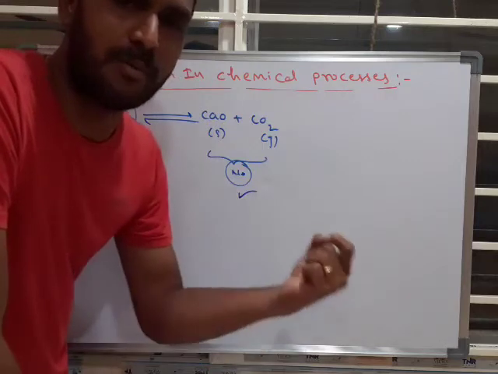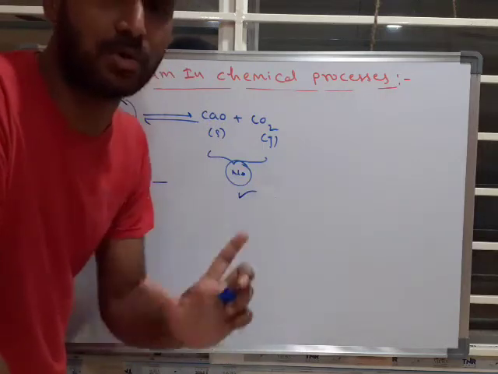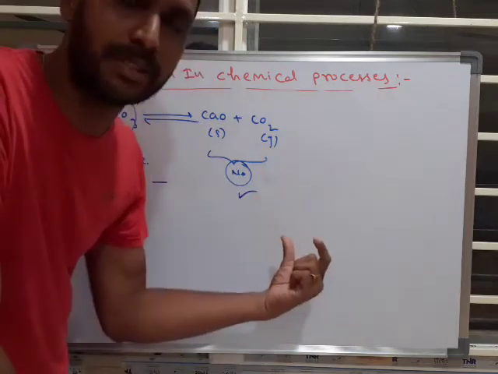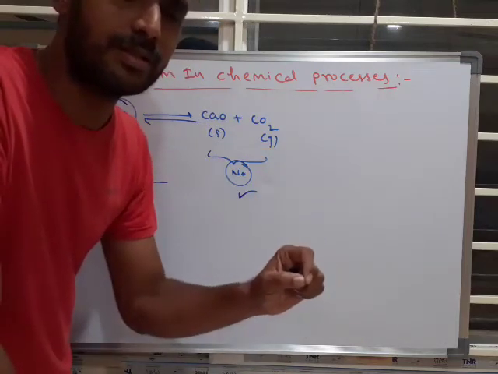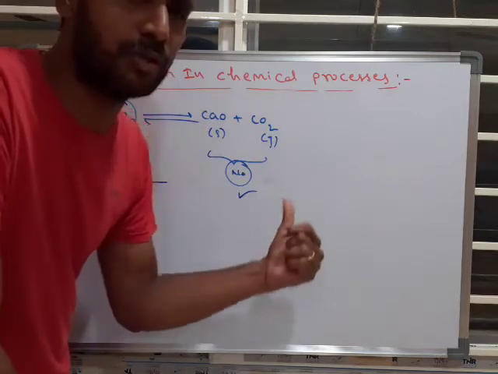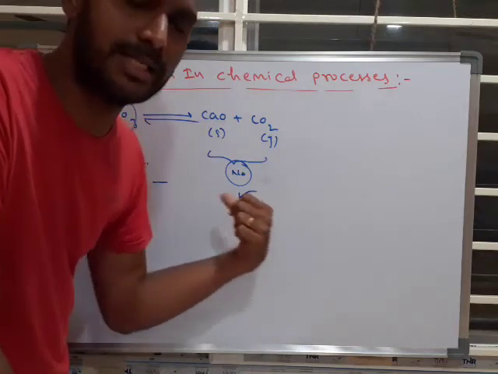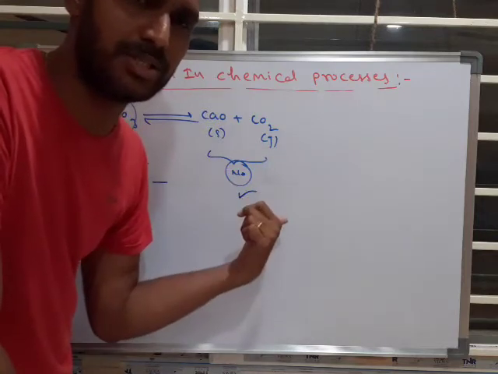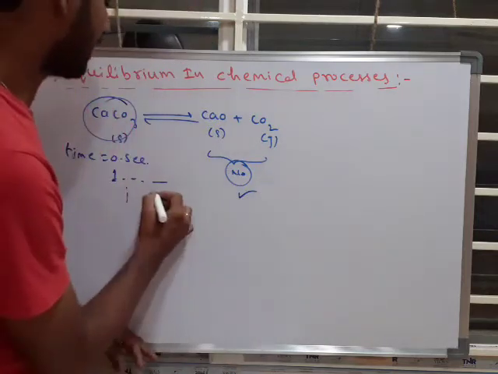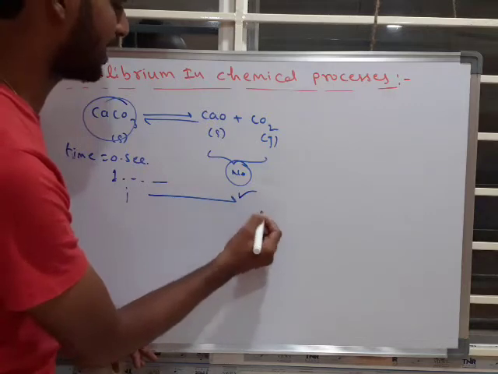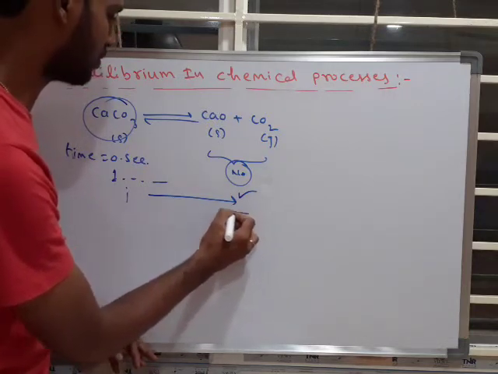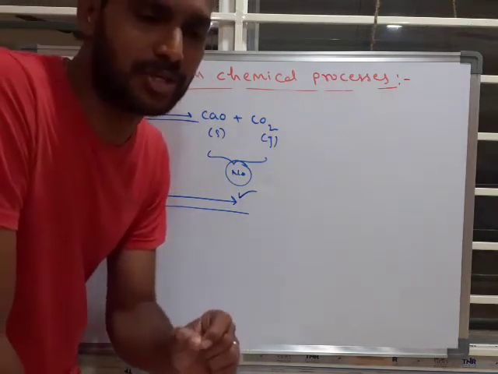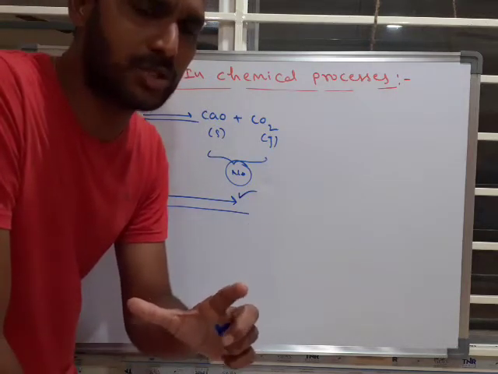But as soon as products form, does the reverse reaction happen? It is not like that. Some amount of product forms, and then after a considerable amount of products have formed, there is a possibility of the reverse reaction, the backward reaction, taking place. Until then only the forward reaction happened, now the backward reaction starts. So what I want to say is, equilibrium is formed only in reversible reactions.